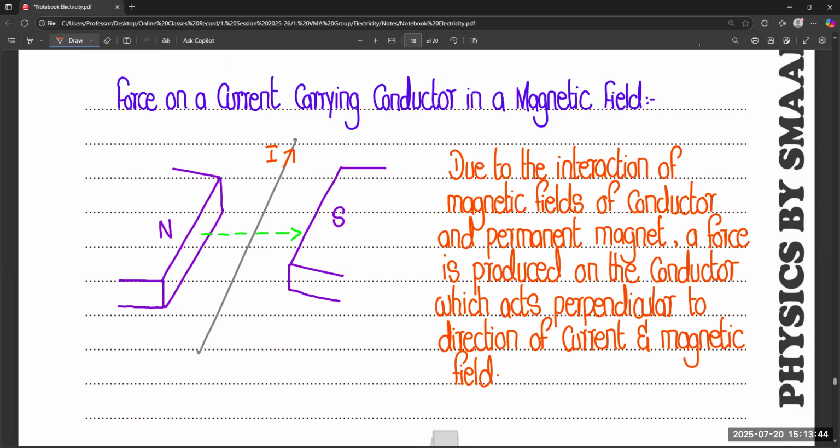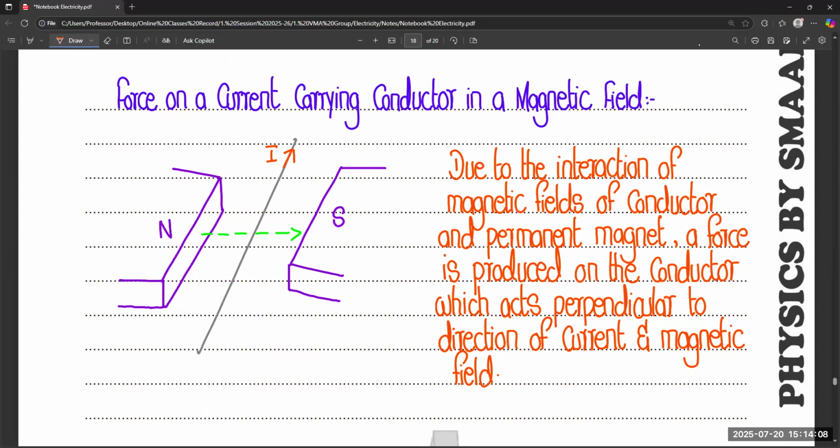So that electric current is on the z-axis, into the paper, out of the paper. Now, the vertical orientation is blank. So definitely the force acts on the wire. Either that force will be in upward direction or it will be in downward direction. So in any one direction, it is possible.